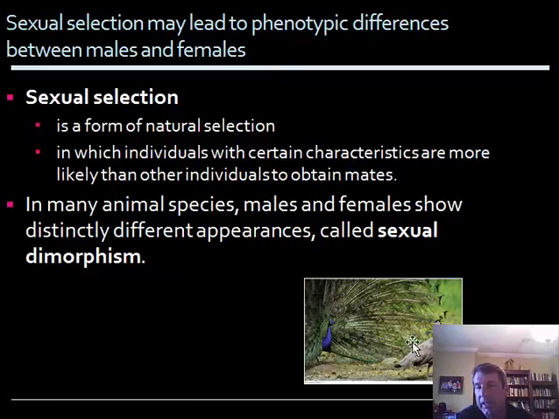So you see this here in the peacock. Male peacock has all these elaborate feathers to try to attract the female. So very often in bird species, you'll see that very, very commonly. But that's a variation between the sexes, between male and female.